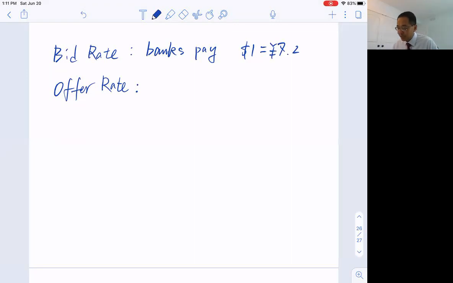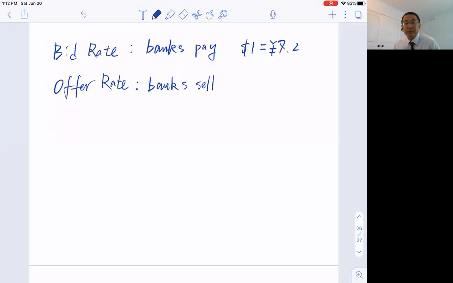Okay, but the offer rate is the price the banks are willing to sell their currency for. Well, let's see. Maybe that's not a good way to look at it. Yuan is hard because it's hard to convert that into a bigger number for you to see. Let's do a different one.